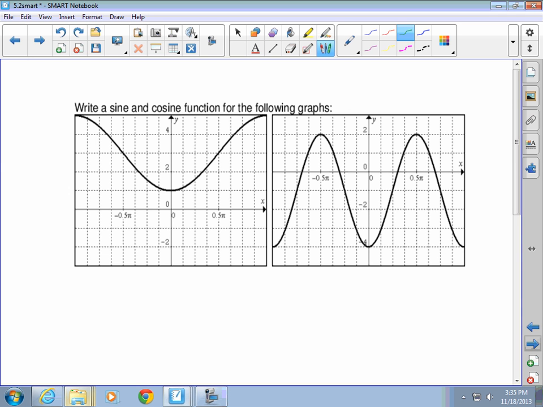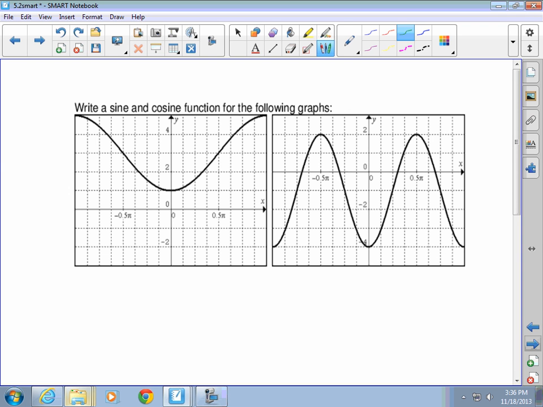Each one of these, when you're given a graph, depending on what you call your phase shift and your vertical displacement, the first graph will have a sine and cos function, and so will the second graph. So sometimes the question will just say, write an equation for this function. Sometimes it'll tell you, like this does, write a sine and a cos function for this.